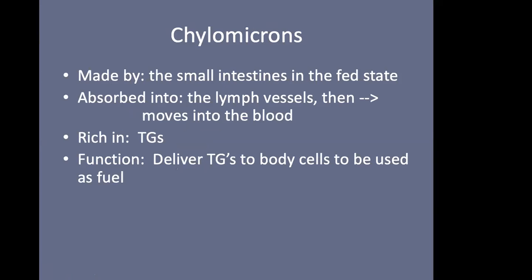When you eat something and it contains lipids or fats, these are absorbed from your intestine in the form of chylomicron. These chylomicrons are made by the small intestine in the fed state. It goes into the lymph vessel, then moves into the blood. These chylomicrons are rich in triglyceride.